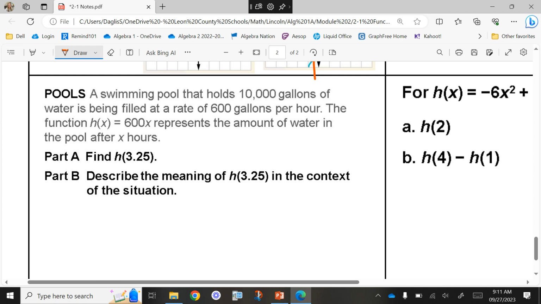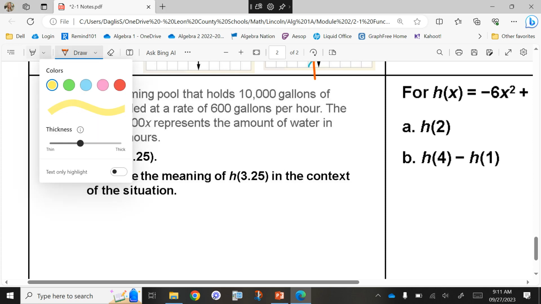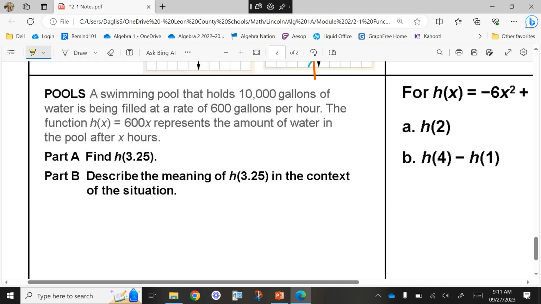So I want you to look at what happened here, because my function was written as h of x, right? But now this says h of 3.25. So what's different between h of x and h of 3.25? What got switched out? The x, right? I still have h, but my x got switched out with 3.25.